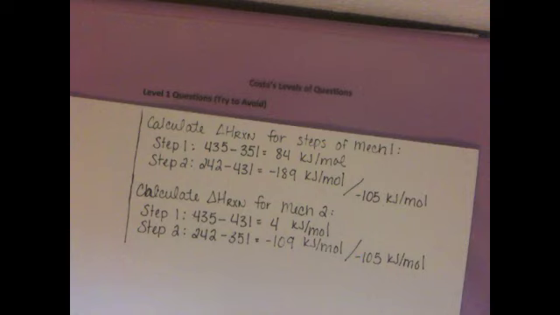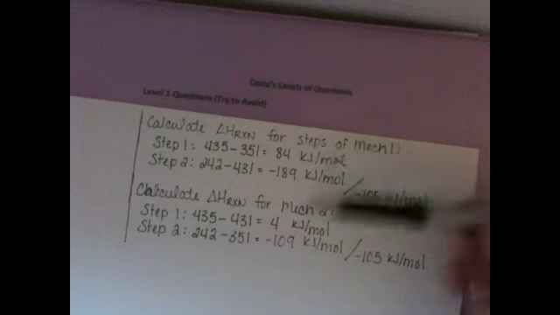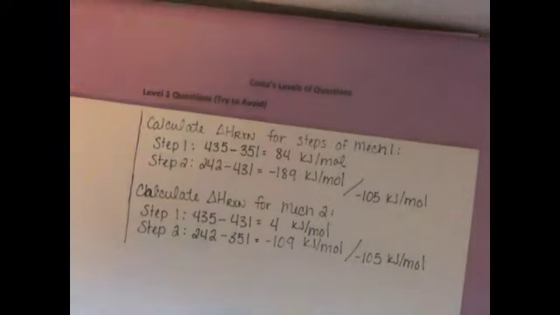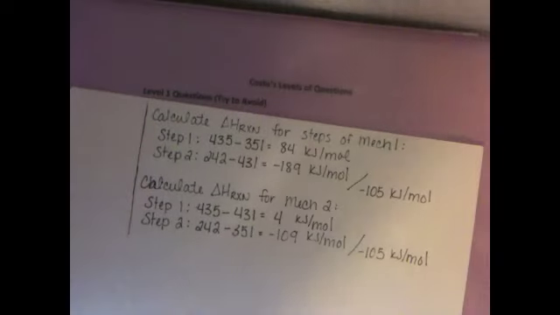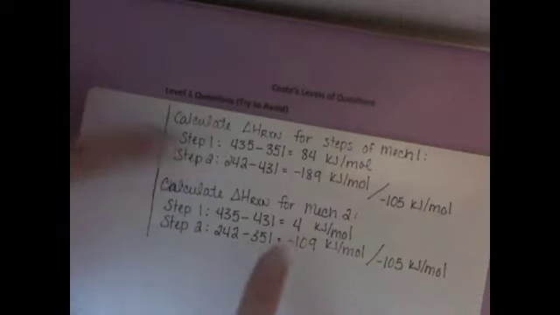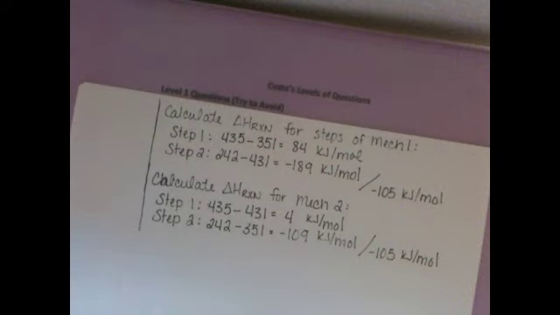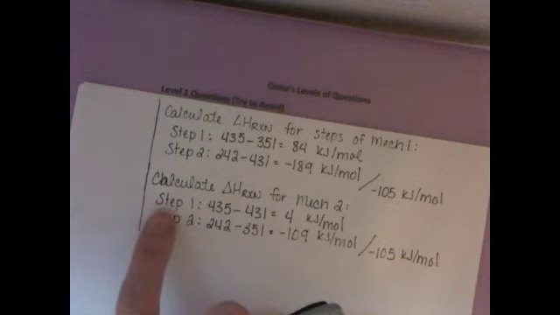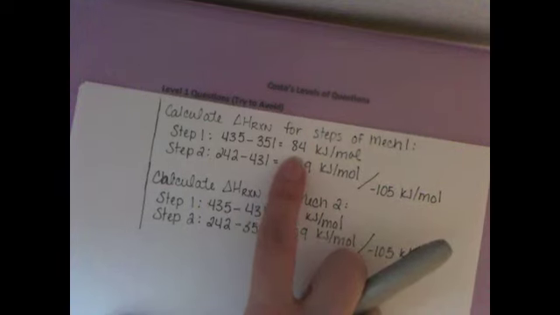In order for us to determine which mechanism is preferred, we're going to look at the enthalpies of the individual steps and compare them. Step 1, the first step of the reaction, for both of the mechanisms, is an endothermic process. It's going to require an input of energy for it to proceed. But you can see step 1 of mechanism 2 is much less endothermic than step 1 of mechanism 1.